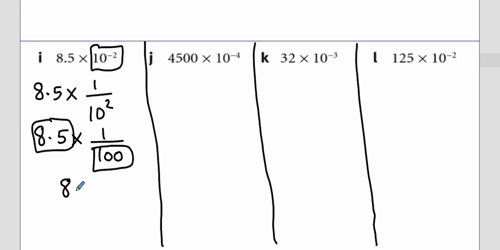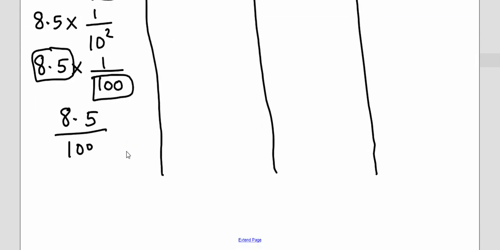To divide this number by 100, you have to move this decimal point to the left hand side, only 2 steps. 100 has 2 zeros, so you count 2 steps, 1, 2. The other one you put 0 here. So this will be equal to 0.085.